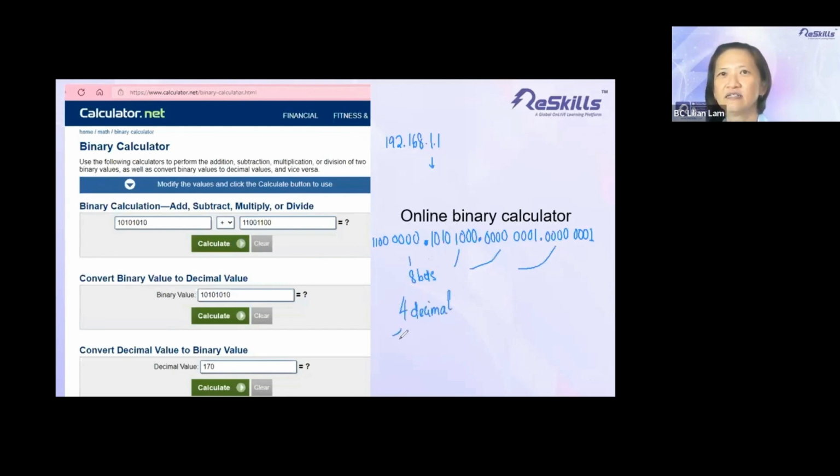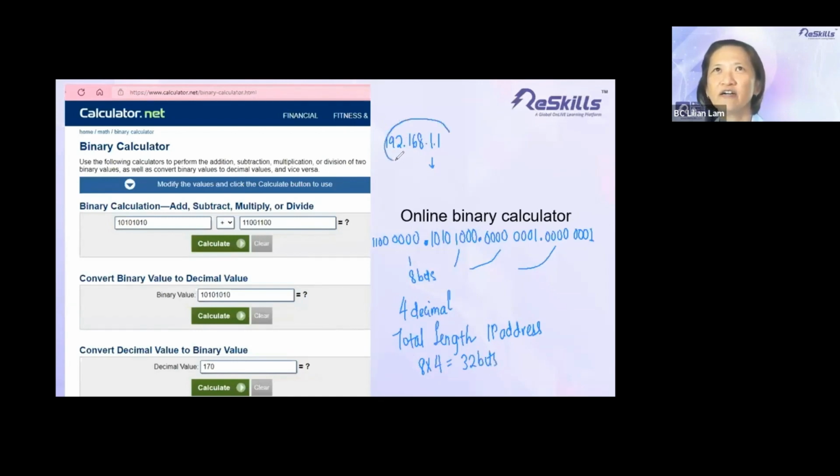So therefore, if there are 8 bits for every decimal and there are 4 decimals, the total length for an IP address is 8 times 4 decimals, which is 32 bits.